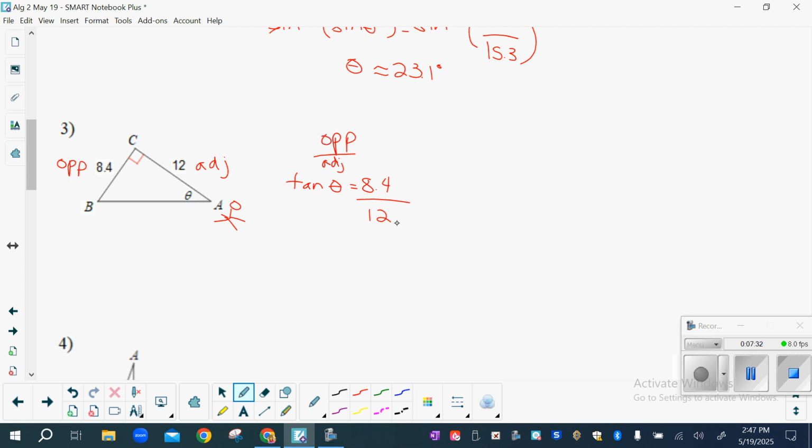And then anybody, what do we do next to find theta? Taking tan inverse, yes. So this tan inverse, it looks like it's an exponent. It's not. It's just a notation. So we are taking the tangent inverse of both sides.